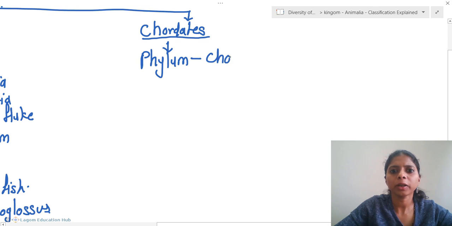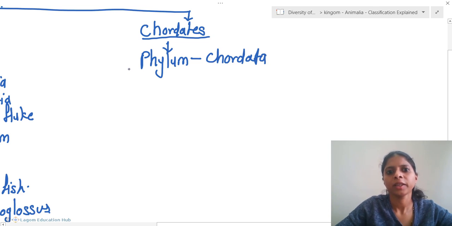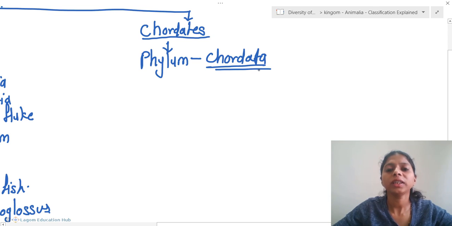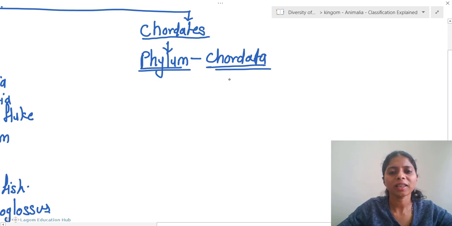This phylum includes all the animals which are more advanced than the previous phyla. For all the other 10 phyla we are just going to study their characteristics, phylum wise. But when we come to the phylum Chordata, we are going to study the detailed classification of this phylum. So we will just take an overview of the Chordata classification and then learn it in detail in future videos. So let us make a chart of the classification of Chordata.